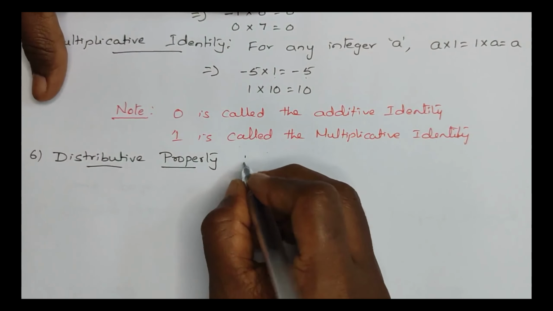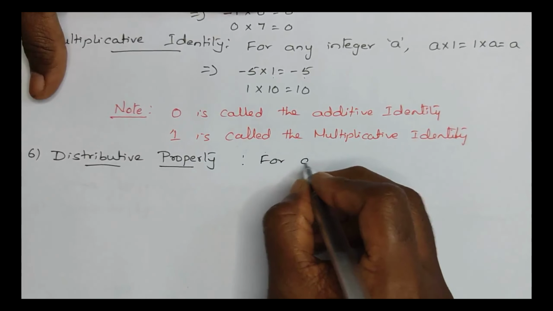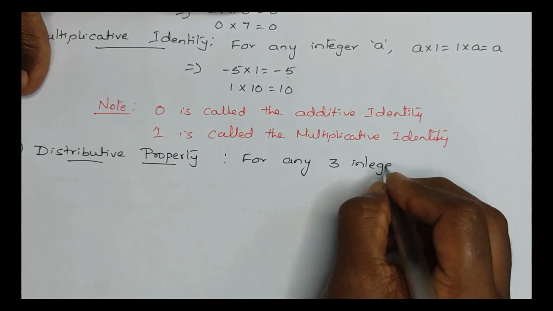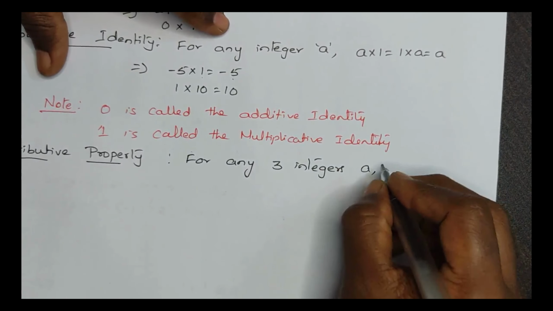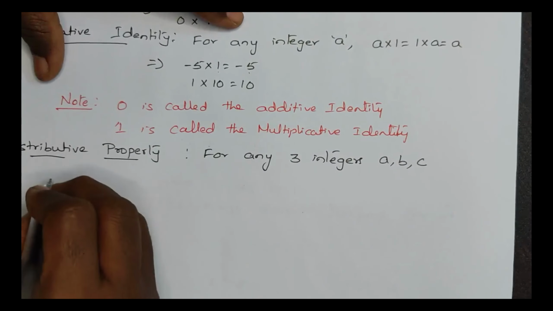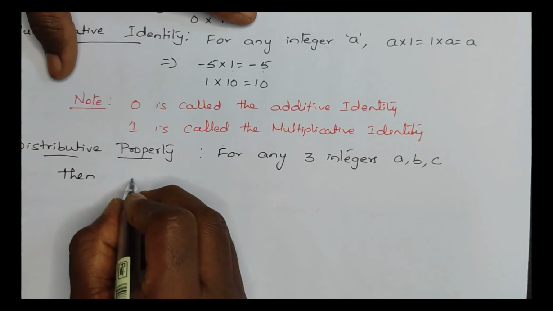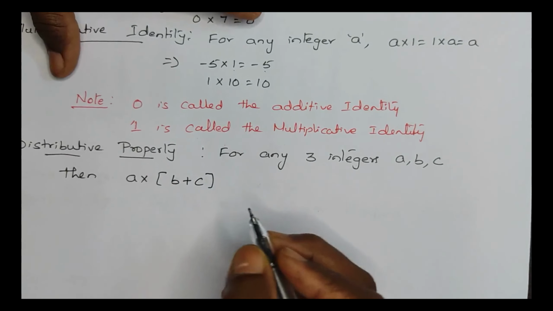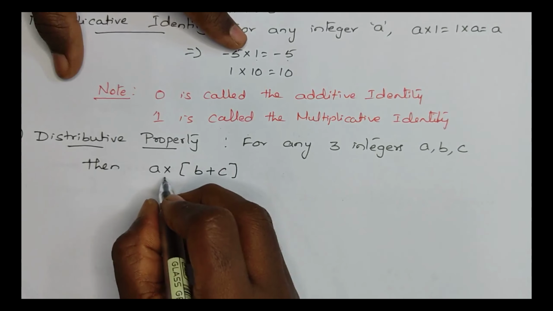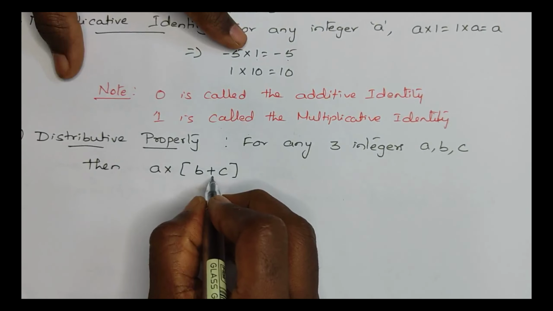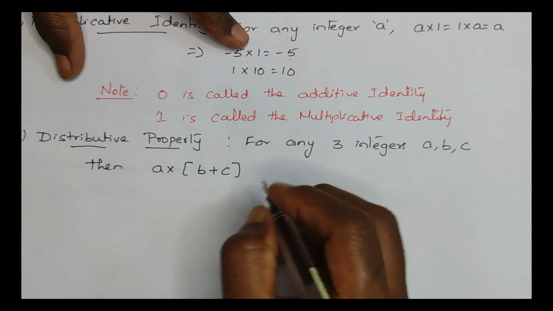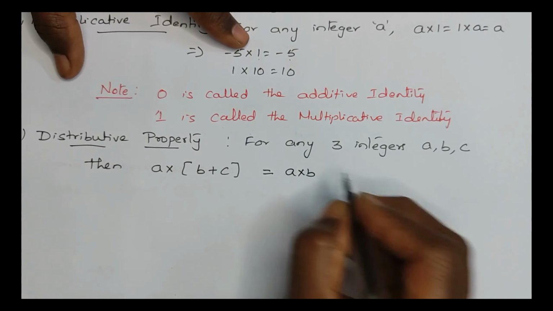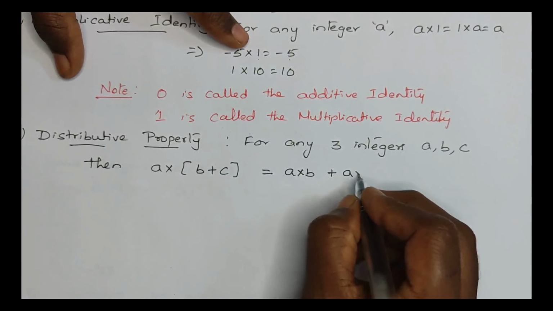So for any 3 integers a, b and c, what happens? a × (b + c). Observe this properly. Here we have multiplication and addition, both operations, and it is equal to a × b + a × c.